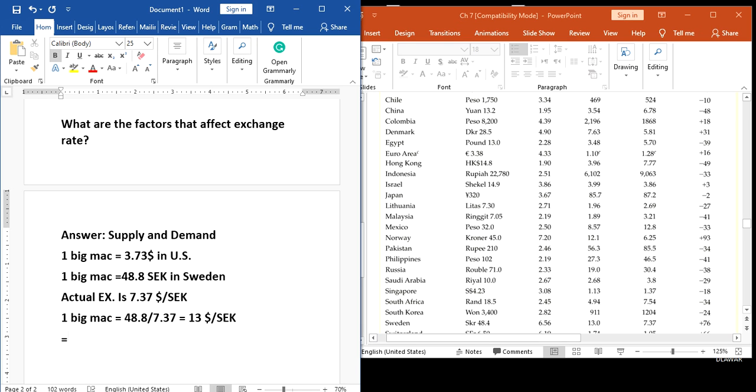Now, so 13 minus 7.37 divided by 7.37 gives us 65% overvalued. Okay, so the Swedish kroner is overvalued by 65%.